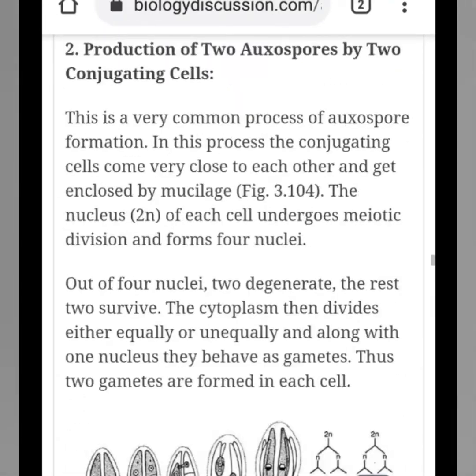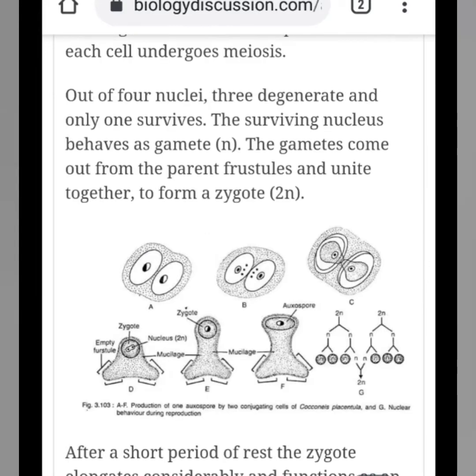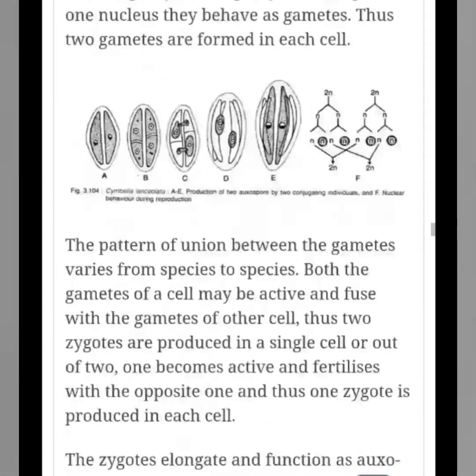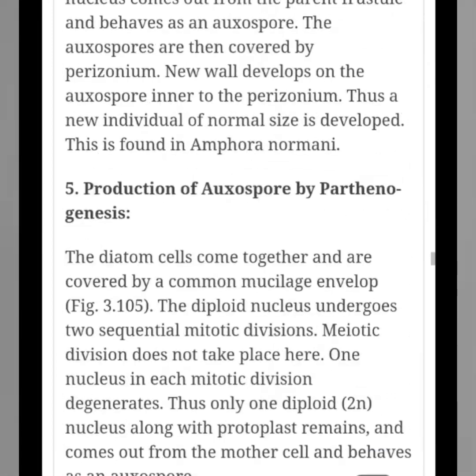In the figure, just take a look at figure C and D. You can see in figure C, the cells will come out from the frustule, they will fuse together and then give rise to a single zygote. Then this zygote, as you can see in figure F, behaves as the auxospore. So that is the difference. All right, so in figure B, why is it known as parthenogenesis?